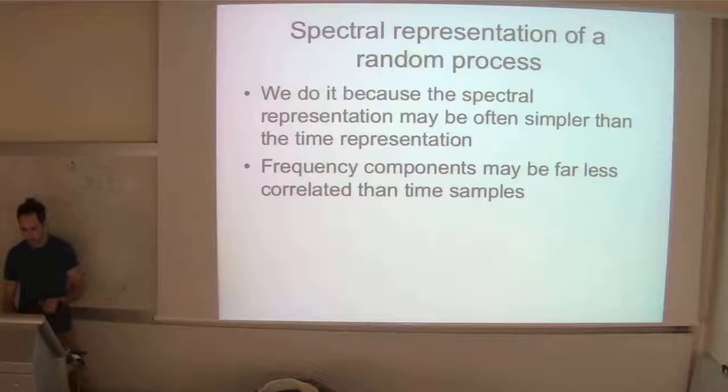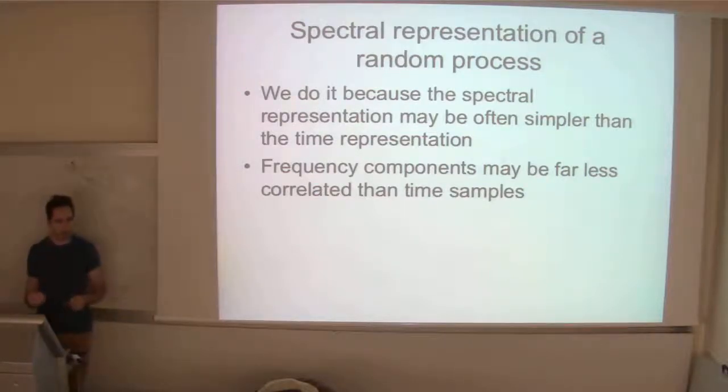So I'll give you time to read all about the correlation between spectral representation and random processes, but as I said many times, frequency representations are much simpler than time representations, and they are much less correlated than what we saw in the beginning, in the correlation of the fast fluctuation rates. And here we actually get different components of the frequency decomposition which are not correlated to each other. So it's much nicer in a way.